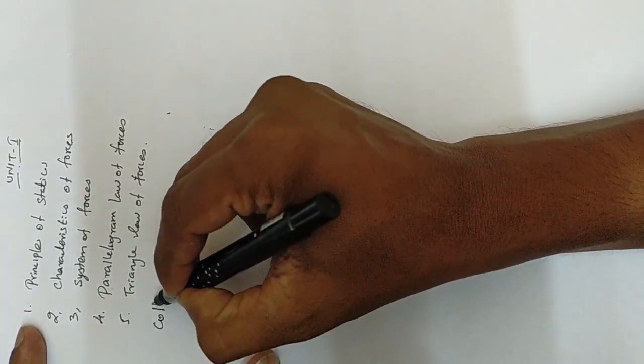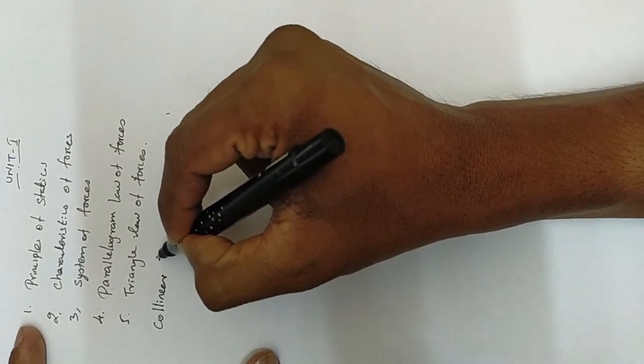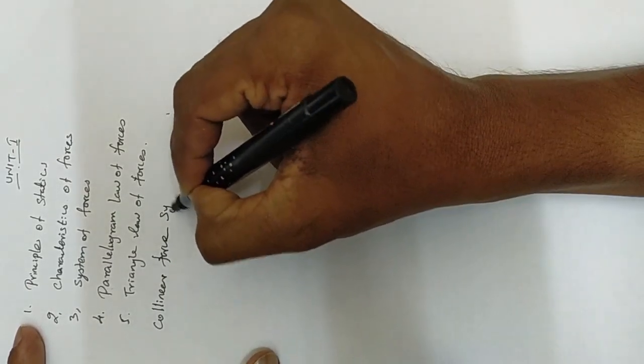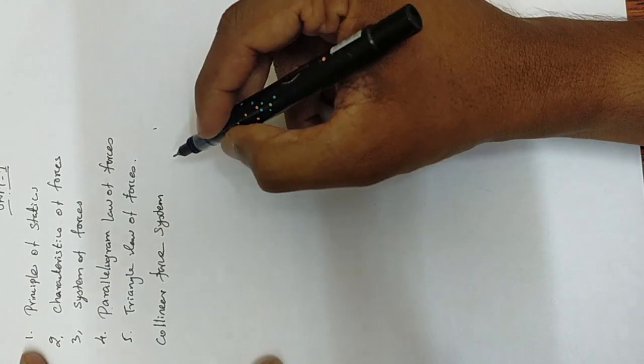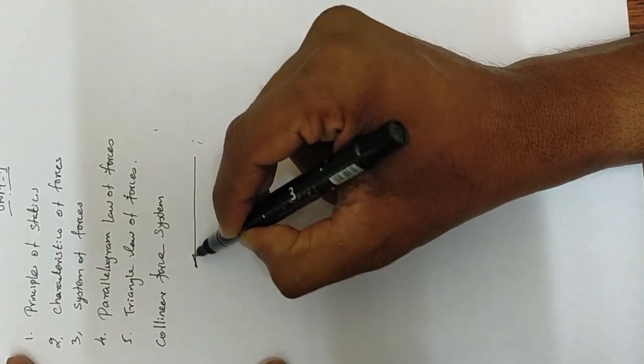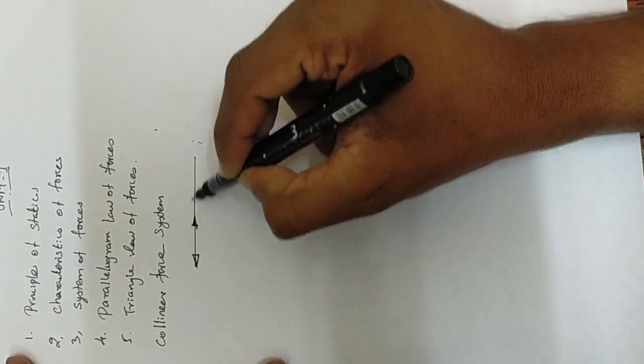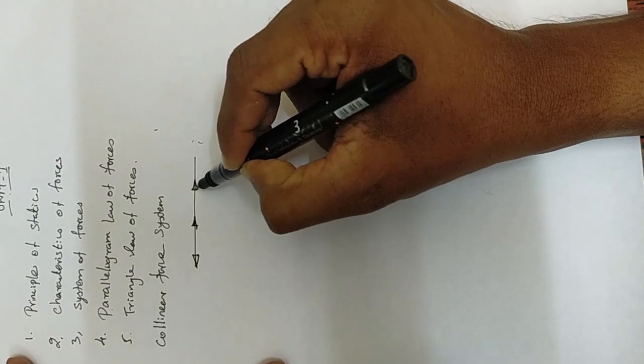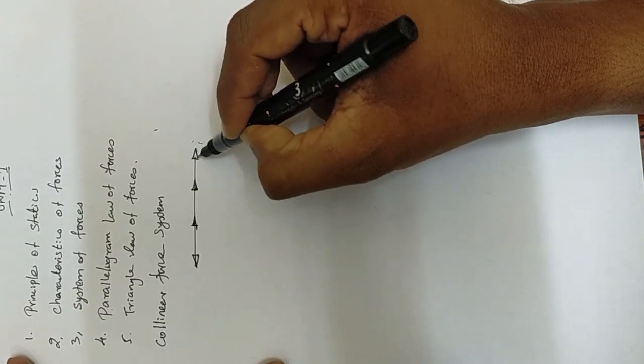First of all, the collinear force system. Sometimes different forces will act in the same line.